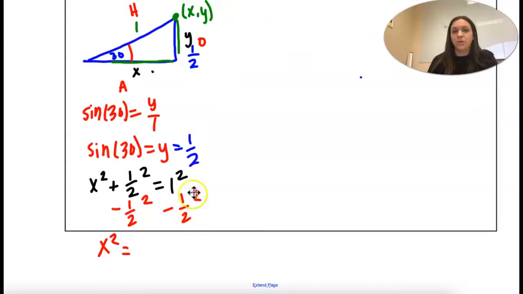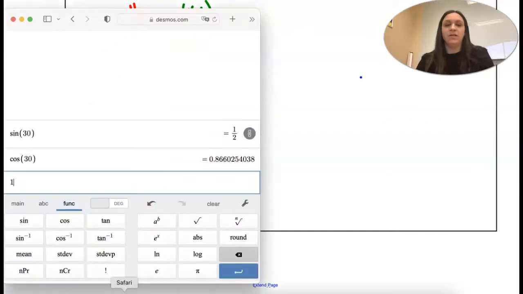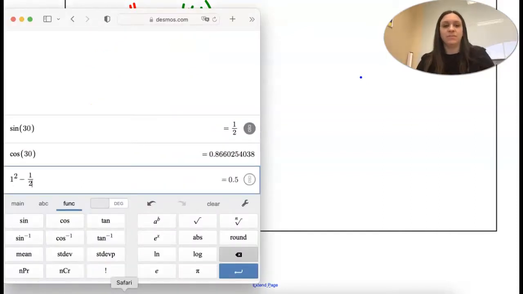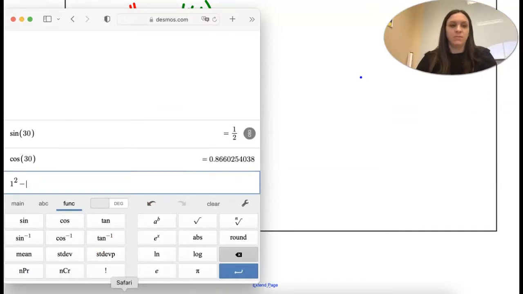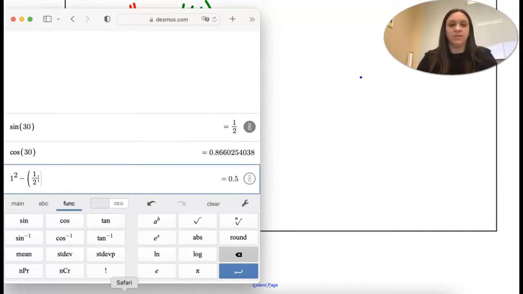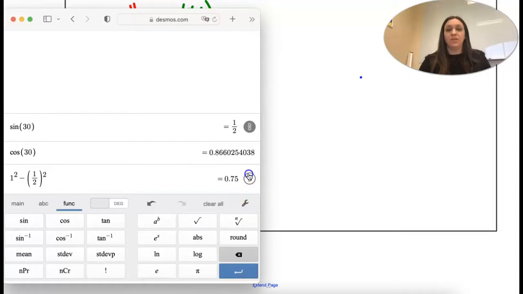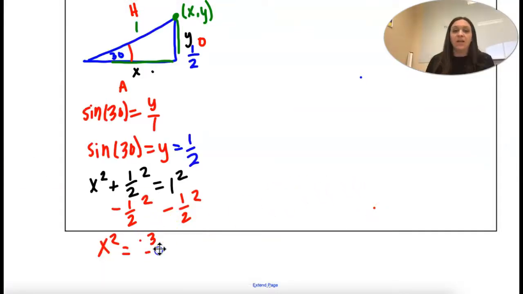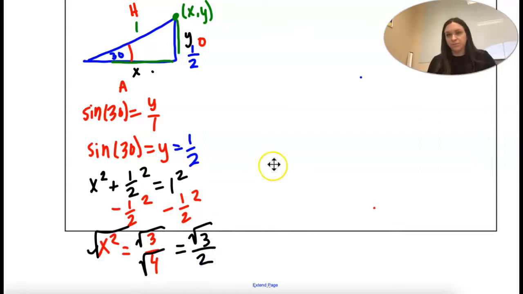So you would subtract 1/2 squared on both sides. 1 squared minus 1/2 squared is, I have to put it in parentheses, it's 3/4, okay? And then we would square root both sides. So that's square root of 3, and then the square root of 4 is 2.